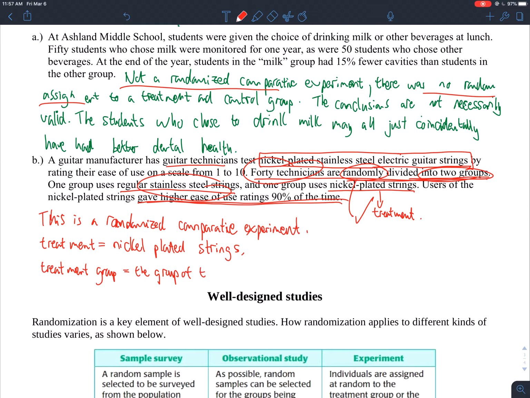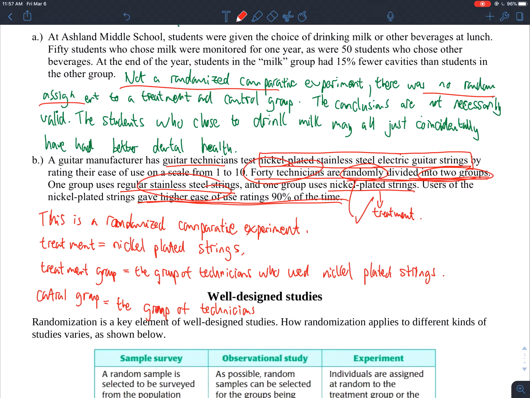The group of technicians who used nickel-plated strings, and the control group, I'm going to go down here, would be the group of technicians who used, what was the other one?